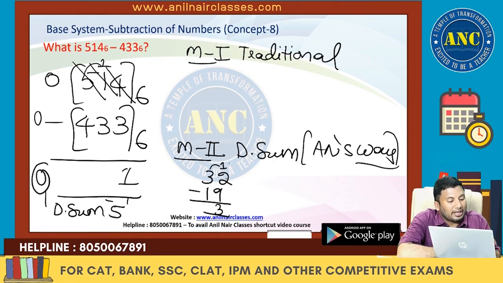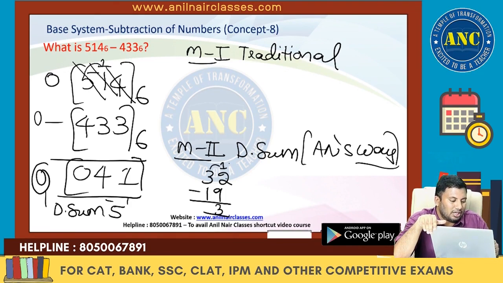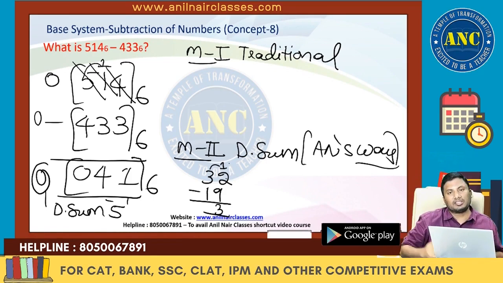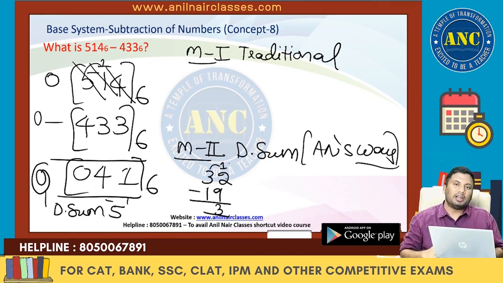Similarly, 1 carried. 1 in base system 6 is 6. 6 plus 1, 7. 7 minus 3, 4. 5, 1 is taken out, remaining 4. 4 minus 4, 0. See here, finish. 4 plus 1 is 5. 5 when divided by 5 has remainder 0.